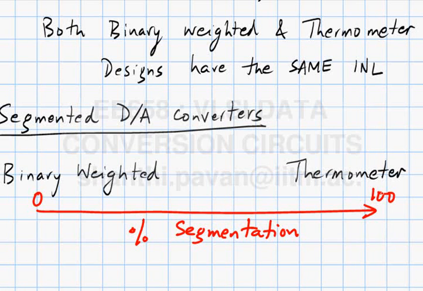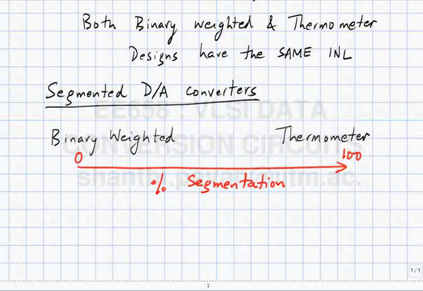If you talk about the percentage segmentation as some kind of metric which tells you how segmented the DAC is, then the binary weighted case corresponds to a situation where there is no segmentation at all, and the thermometer case corresponds to a situation where the DAC is completely segmented.